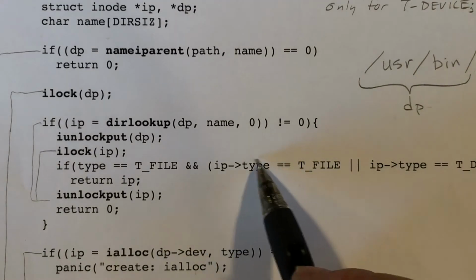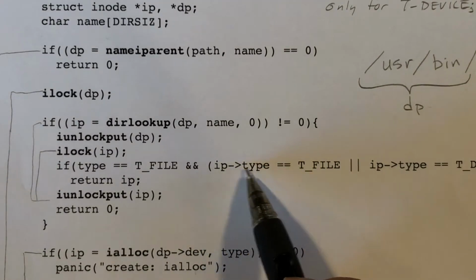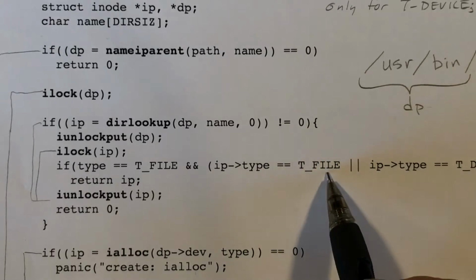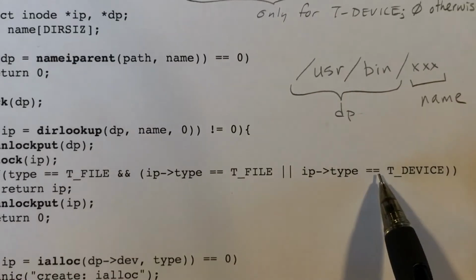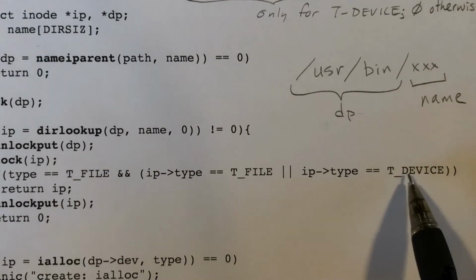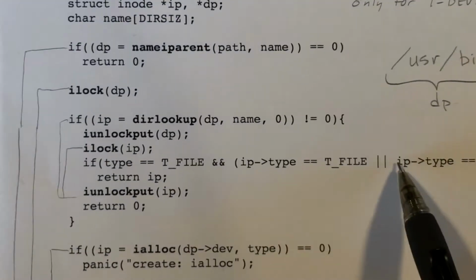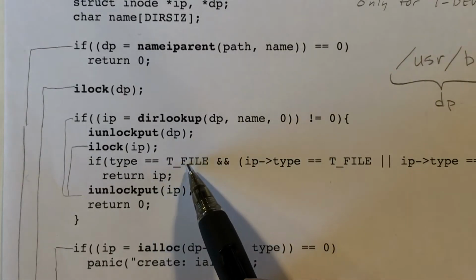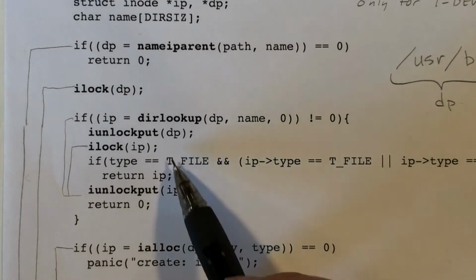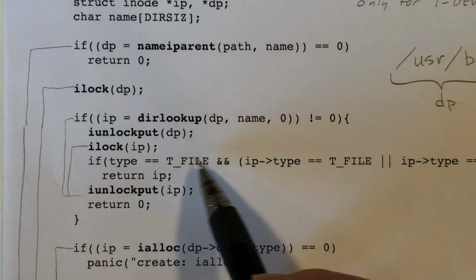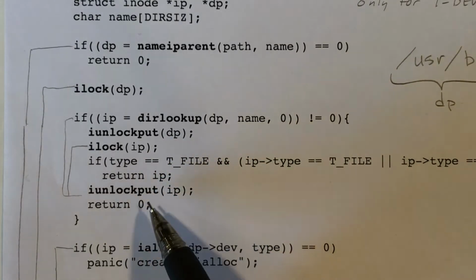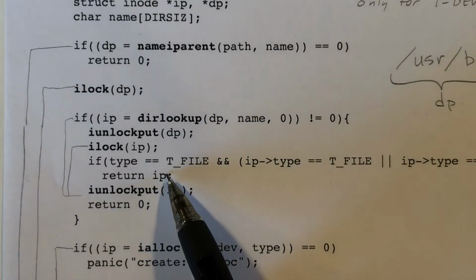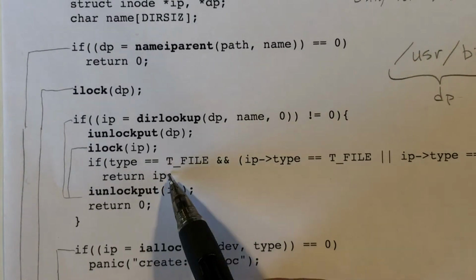So we check the type field of the file that does exist. If it's a regular file, well, that's okay. It already exists. We'll go with that. Or if it's a device file, that too is okay. So we'll go with that. And in that case, we'll return ip. But if we were called to make a device file or make a directory, then this is going to be false and we'll return null. But if we find that it's okay, we will return ip.